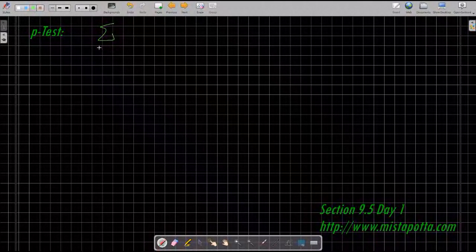If I'm dealing with the sum from n equals some value to infinity of 1 over n to the p, this will converge if p is greater than 1, and this will diverge if p is less than or equal to 1.